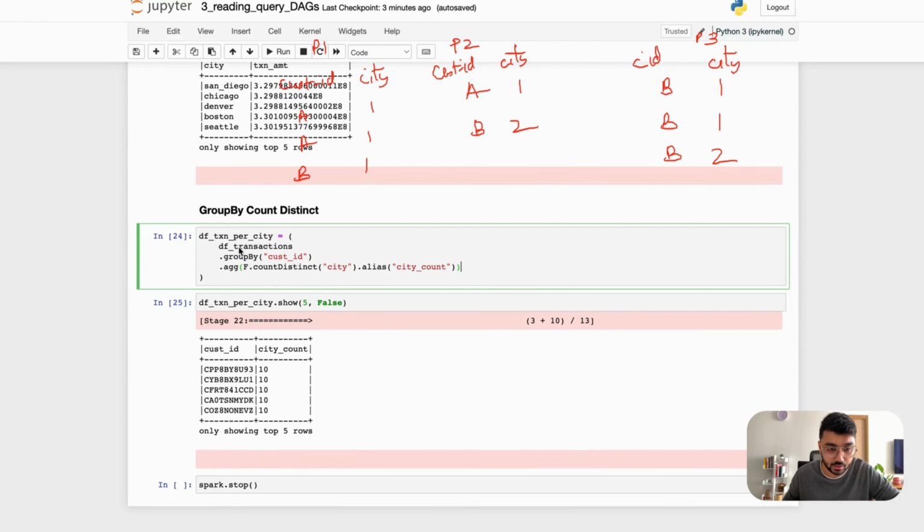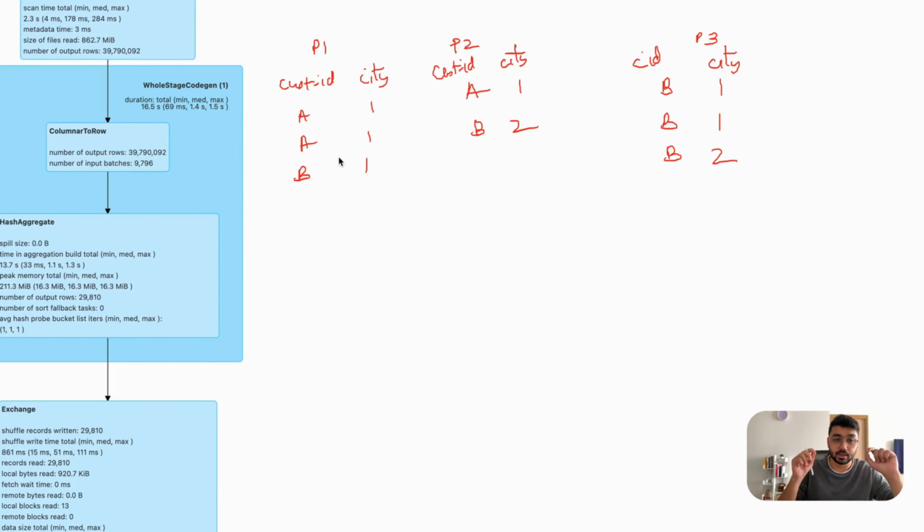Because we've tried to do a group by customer ID and then a count distinct. We've not done a group by customer ID and city, as you see over here. So when the function is empty, it basically means that Spark is trying to do a distinct, right? So what Spark is trying to do looks something like this. It simply says, I'm trying to do a local distinct.